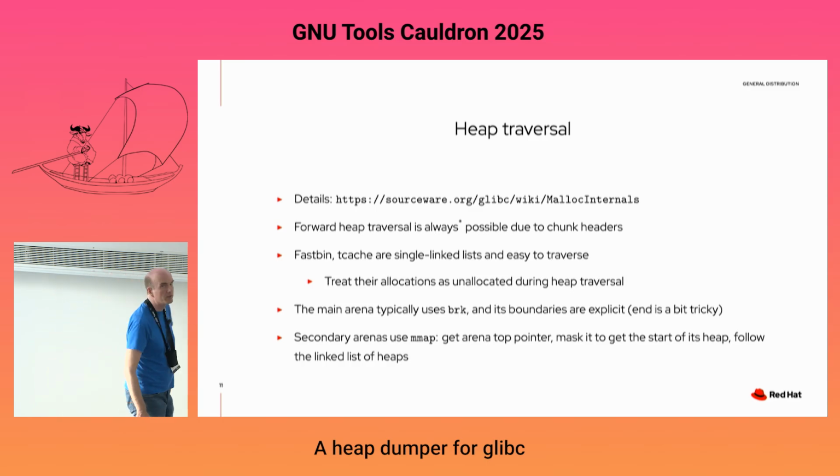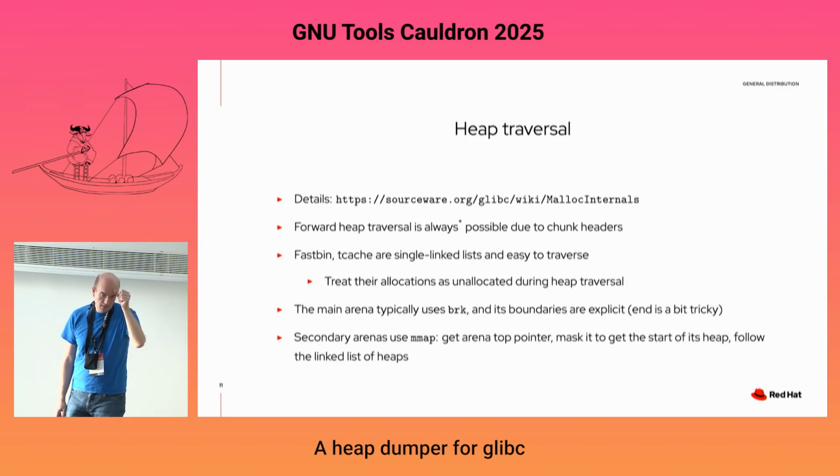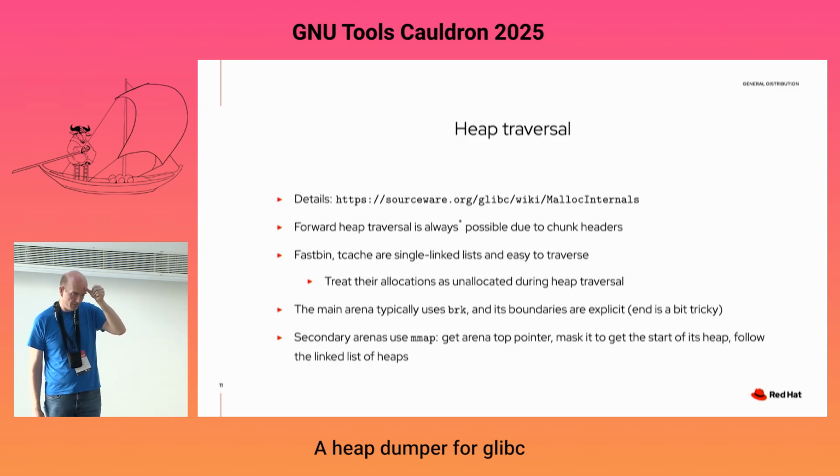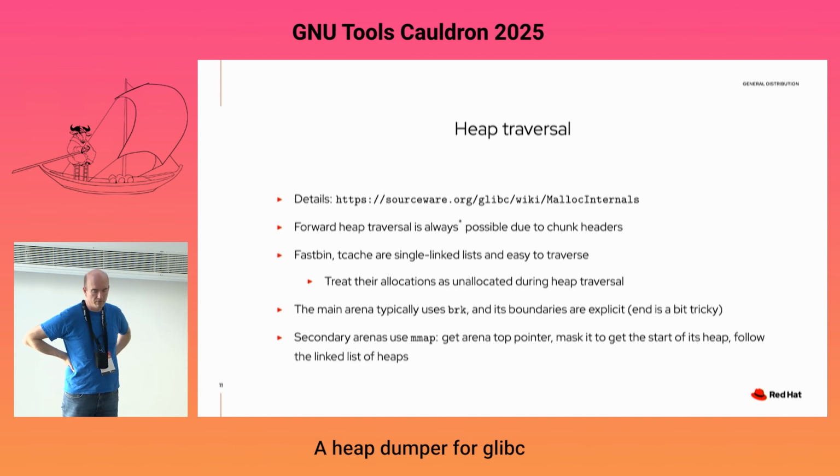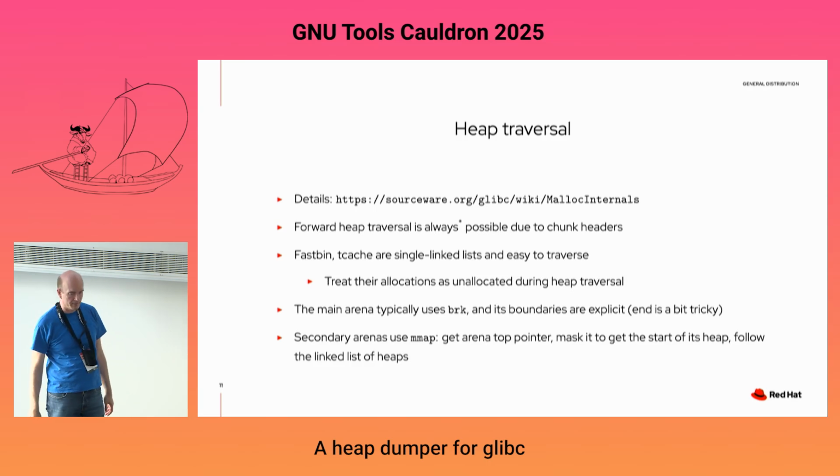So for the internals, there's a good overview on the glibc wiki that DJ Delorie created of the internal data structures. The main thing that enables this approach is that forward heap traversal from lower addresses to higher addresses is in principle always possible, except when you are in malloc and something is updating the data structures, because we have a chunk header for each allocation, and the chunk header says this is the size of the following allocation, and you can just skip over it.